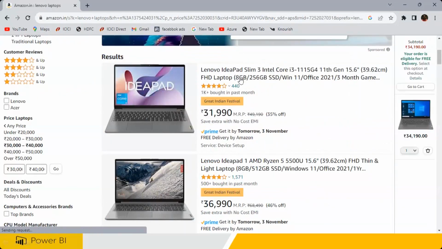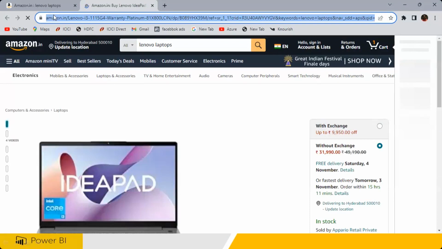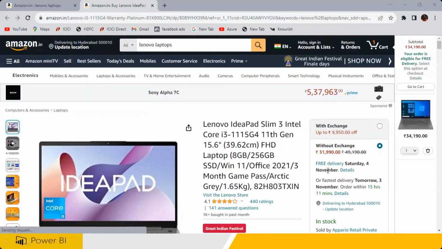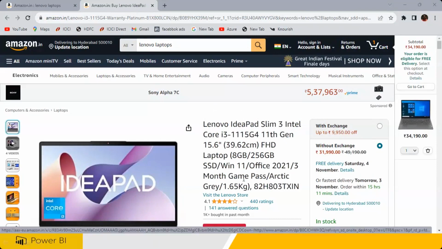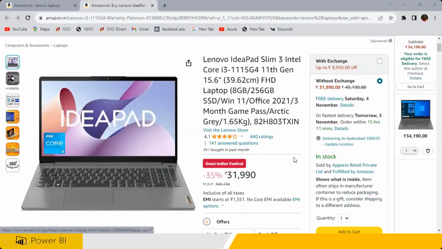I wanted to buy this laptop, 8 GB, 256 GB, and Core i3. Guys, I'm giving you this configuration. You can buy this laptop if you wanted to buy it.